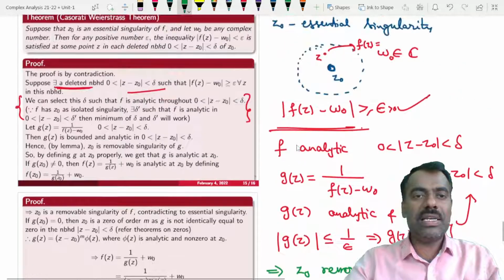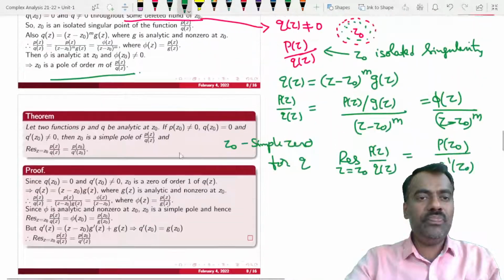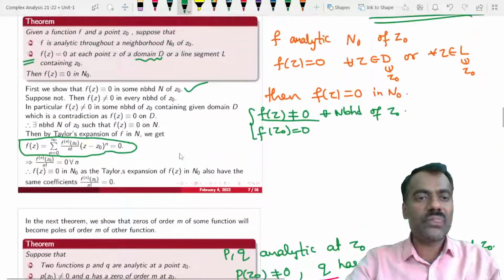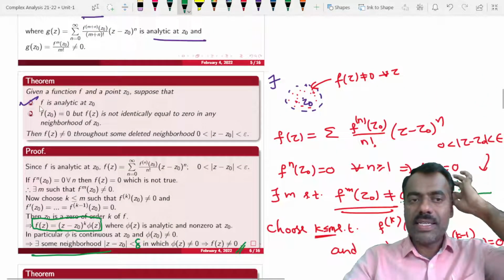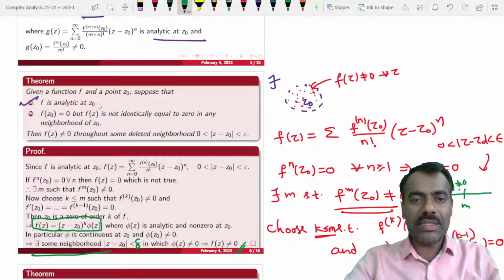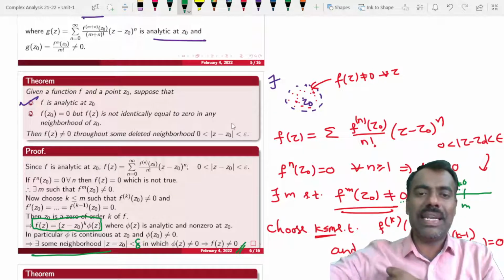Let me show the result where we have proved this, so that we get an idea. See, g is analytic at z naught, and g of z naught is equal to 0, and g is not identically equal to 0 in any neighborhood of z naught, that is how we have defined it, because it is greater than 0.